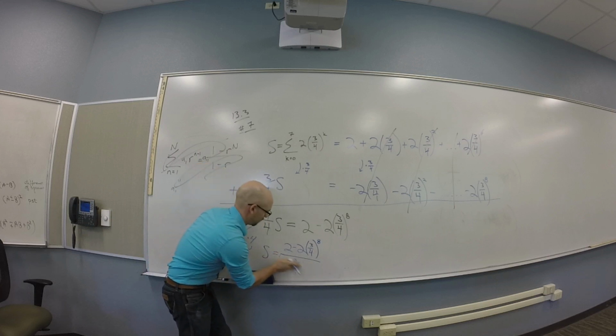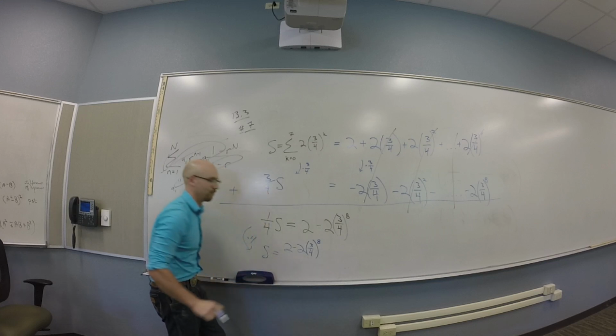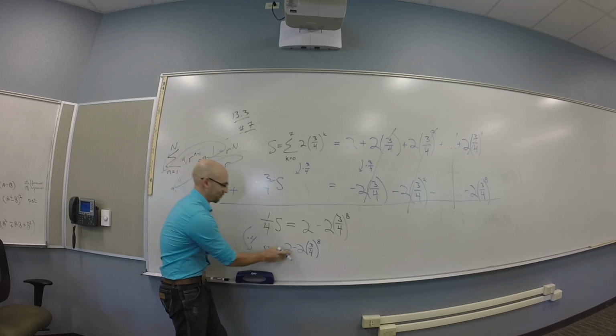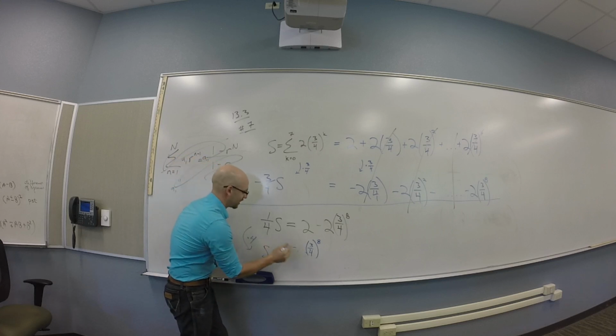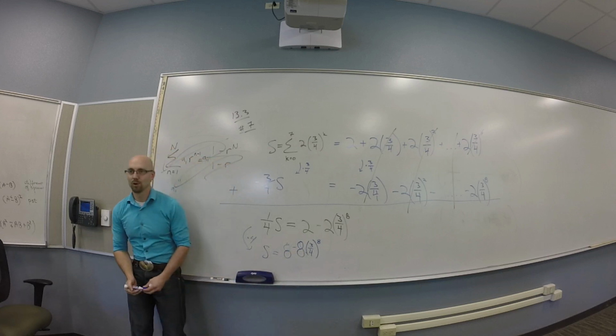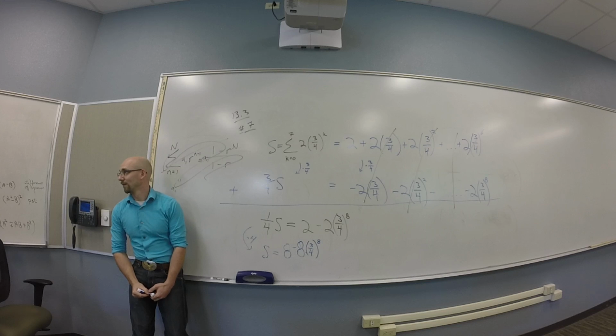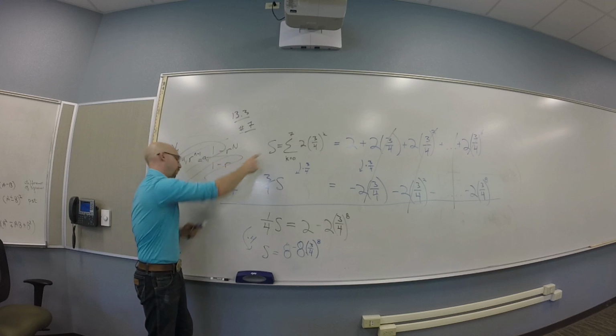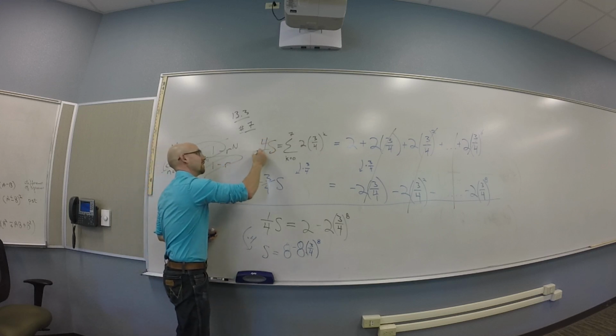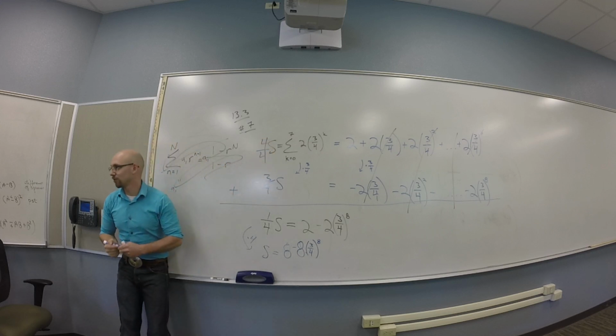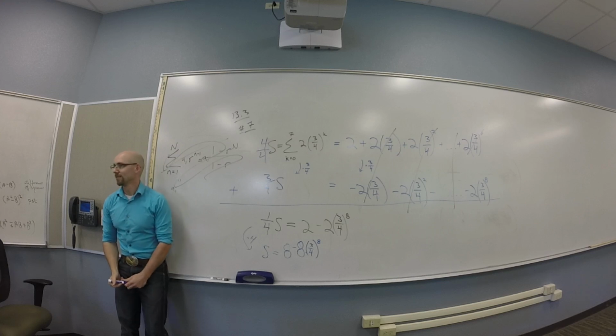Yes, all over a quarter, multiplied by 4. Where did the 3 on the S go? It was 4/4 of an S, and then somebody took 3 of those quarters away. Oh, okay. You guys with me?